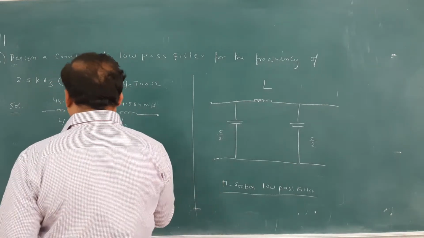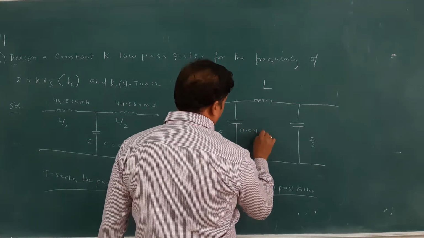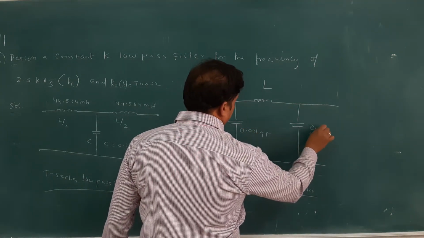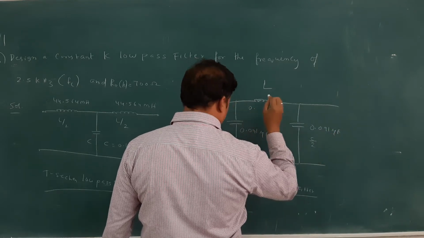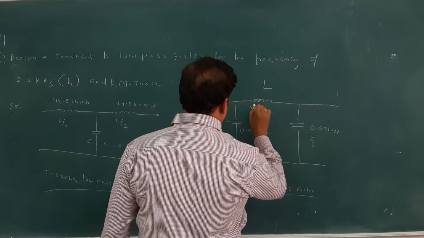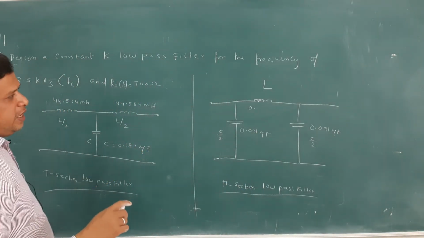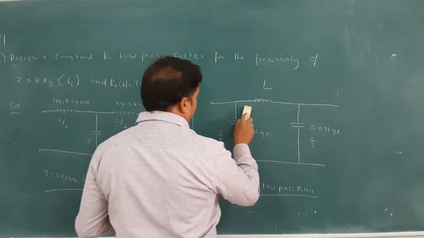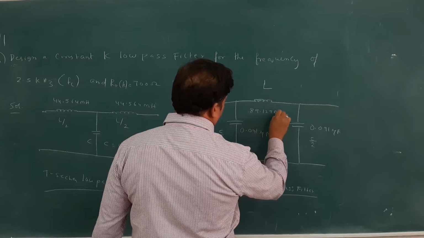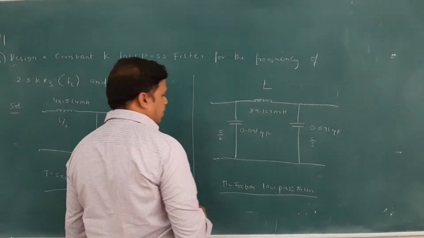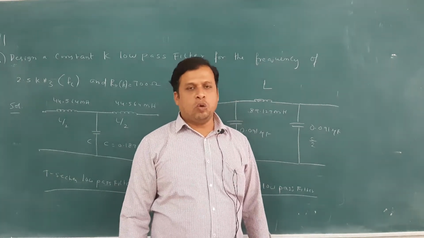So 0.187 half is 0.091. So it is 0.091 microfarad and 0.091 microfarad. And what is the L value? Not 0.8, sorry, it is 89.127 millihenry. So this is the design of the T section and pi section low pass filter.